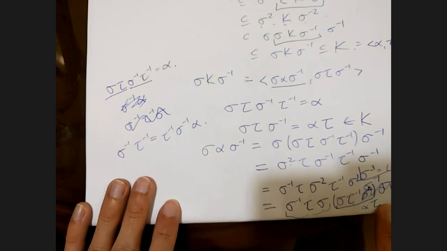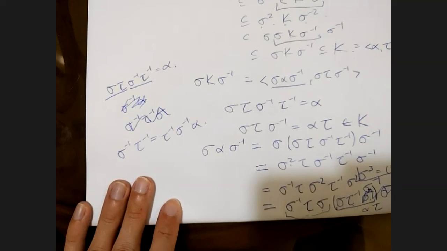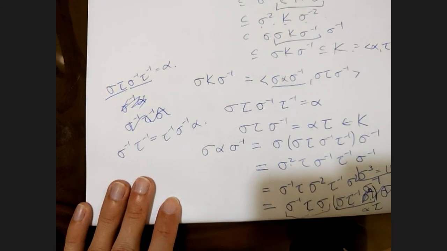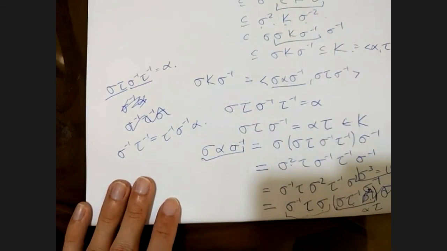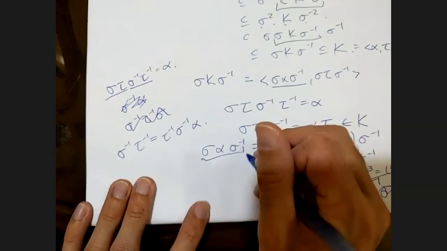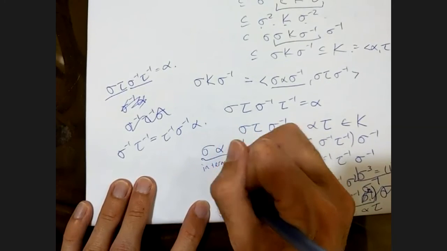I think maybe what I want to do is, the goal is to write this in terms of alpha and tau.